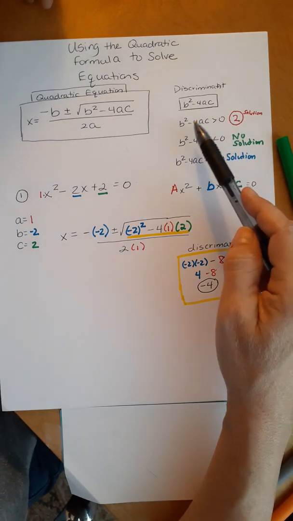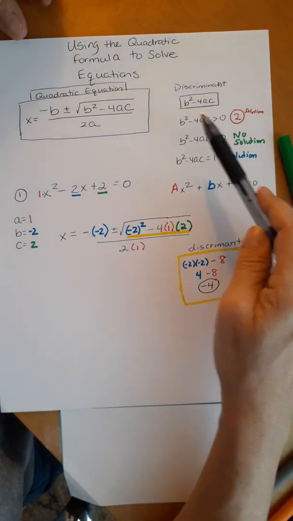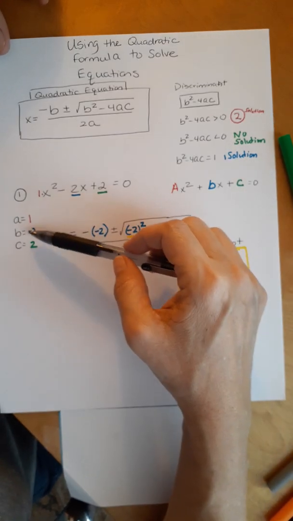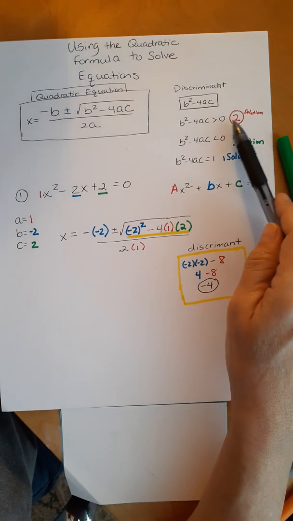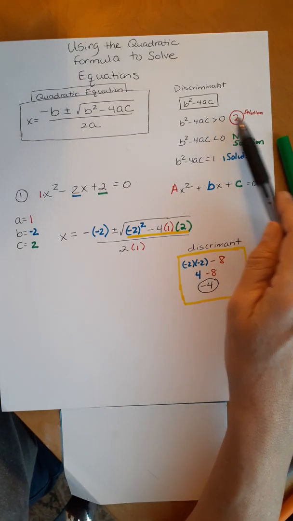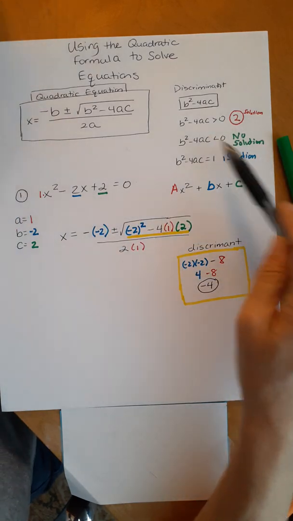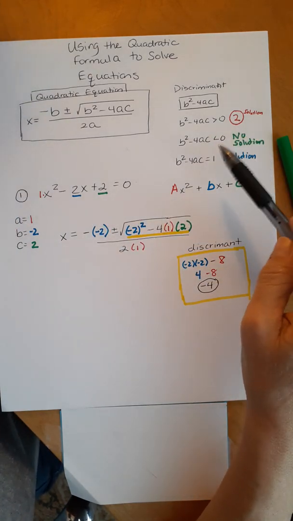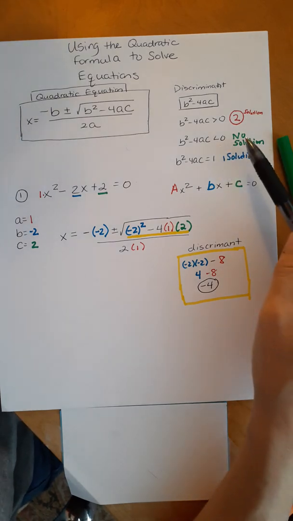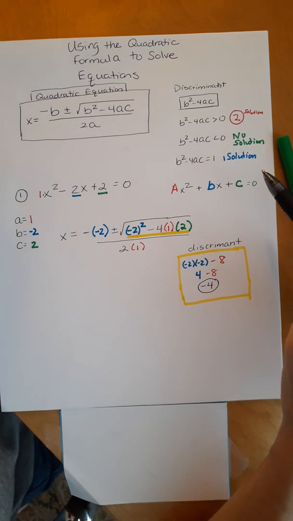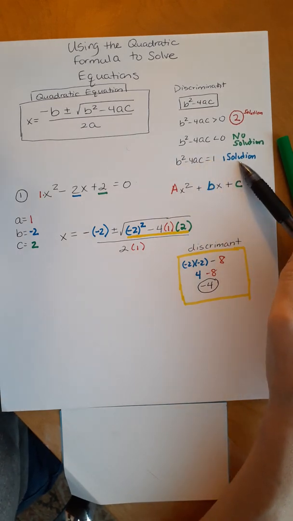When my discriminant, this part here, b squared minus 4ac, when I plug in the numbers for a, b, and c, if I happen to get a number that's greater than 0, for sure there are 2 solutions, and I keep going. Now, if I get a number that's smaller than 0, like a negative number, -1, -2, there is no solution. And if I get a number that's equal to 0, there's only one solution.